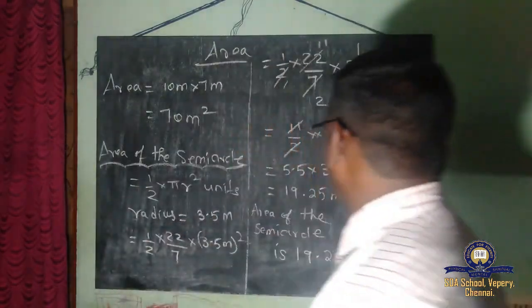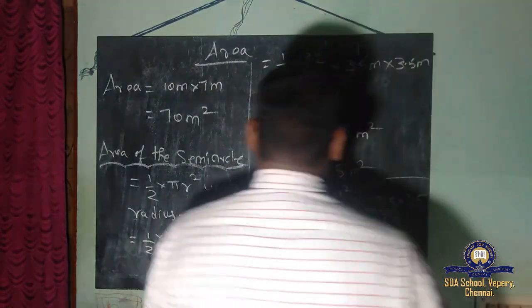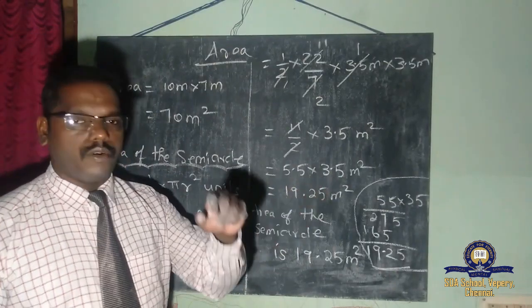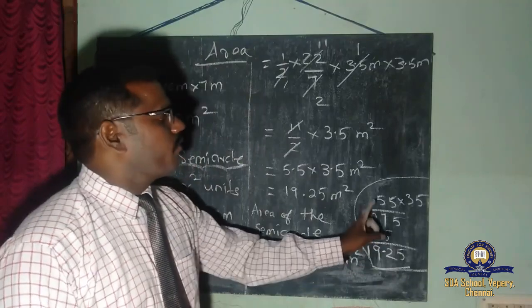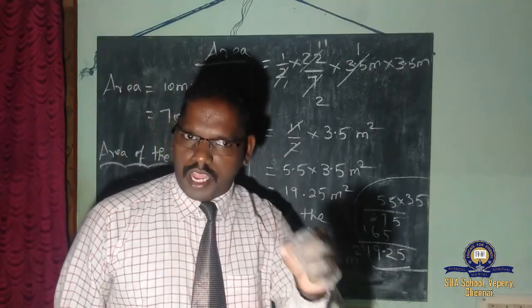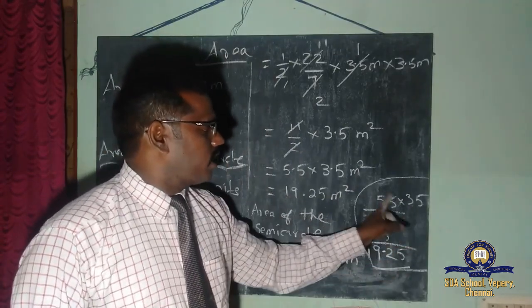Okay, now after that we are going to do the rough calculation. We are going to calculate 5.5 into 3.5. First we will do that without decimal. So 55 into 35. Simple things, just you do it and see. 5 5s are 25.